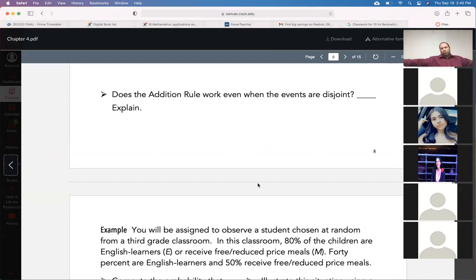Example. You will be assigned to observe a student chosen at random from a third grade classroom. In this classroom, 80% of the children are English learners, E, or receive free/reduced price meals, M. 40% are English learners and 50% receive free/reduced price meals.